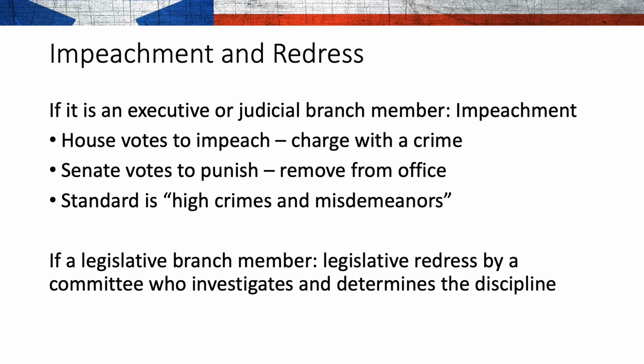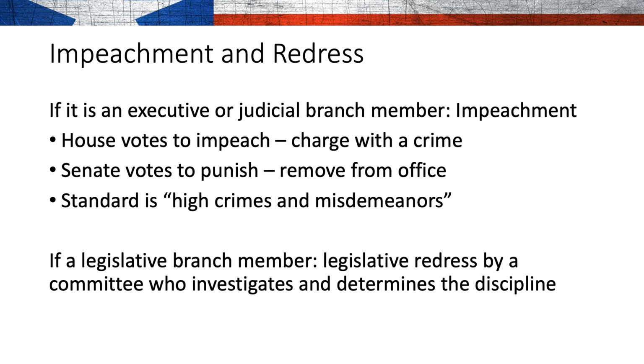So this is a lot like the federal system. If you take, for example, when Donald Trump was impeached, it was the House that voted to impeach him. So he was impeached, but the Senate did not vote to remove him from office. So he was impeached but not removed.